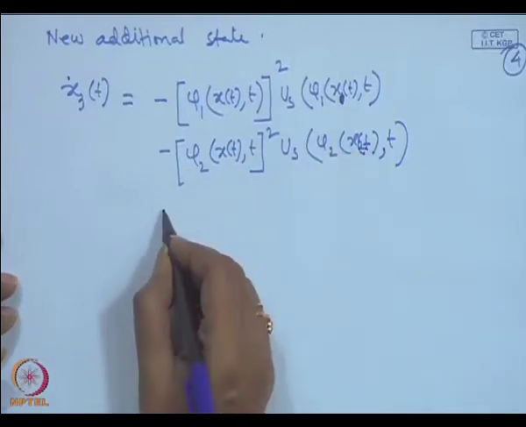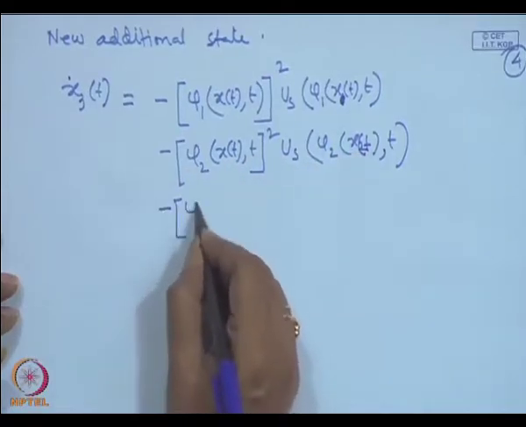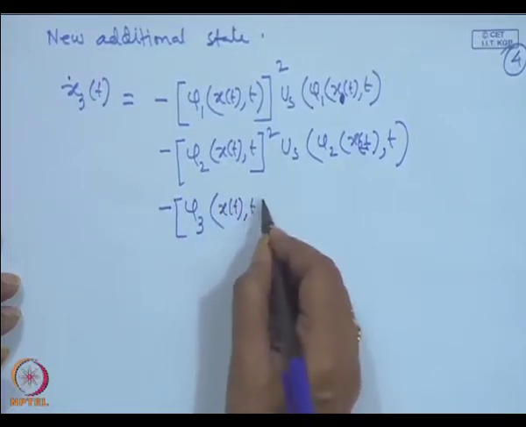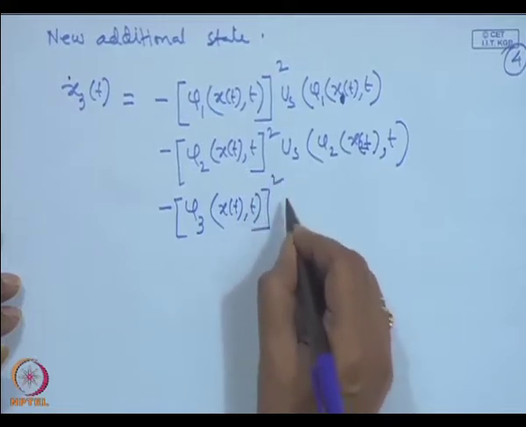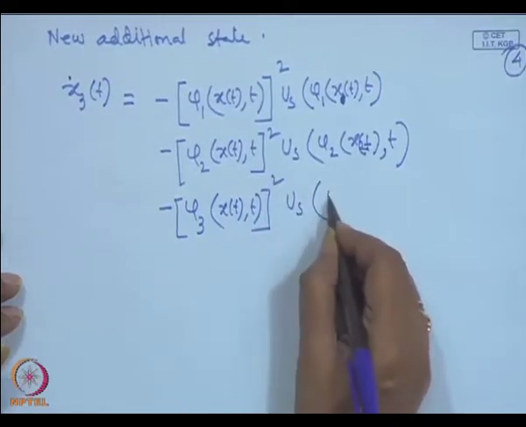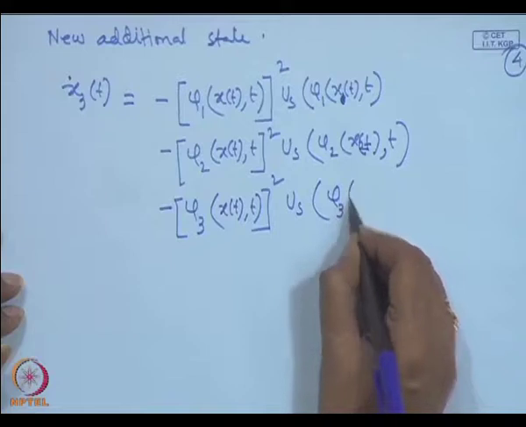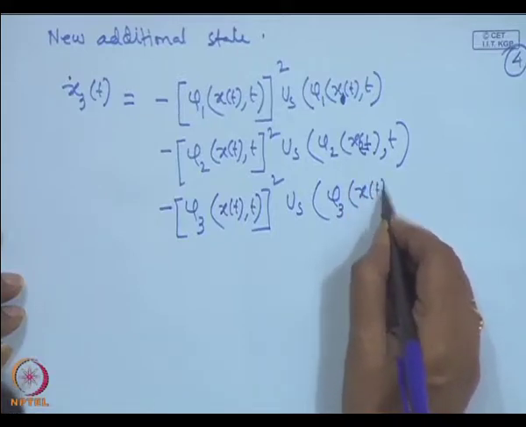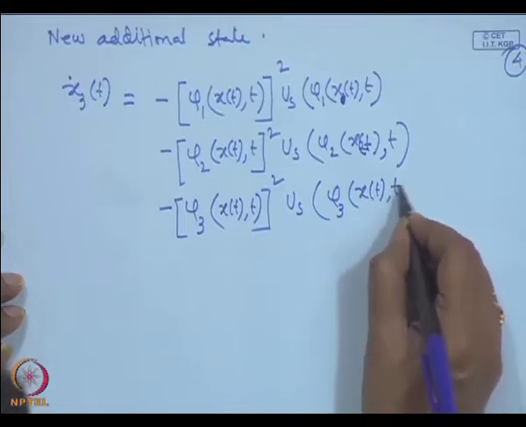The second one is a function of x 2, and the third is psi 3 of x 3 of t whole square, u of s psi 3 of x of t comma t.